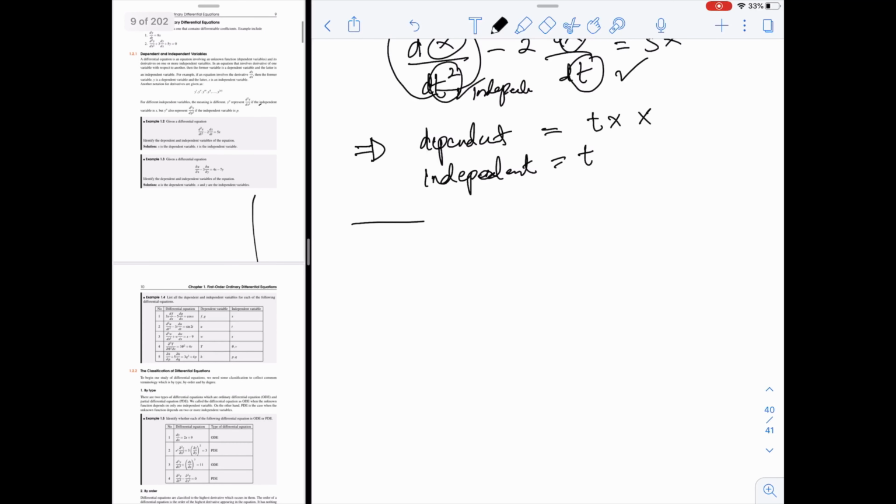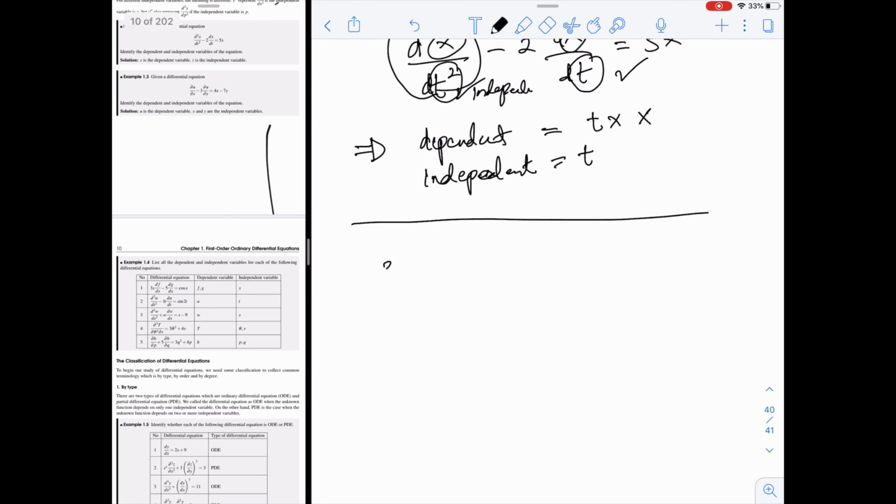Okay, so let's do some exercise here. If you have, let's say, 3x df/dx minus 5 dg/dx equal to cos x, which one is a dependent and which one is an independent variable? Directly by looking at the above one here, it is considered the dependent.